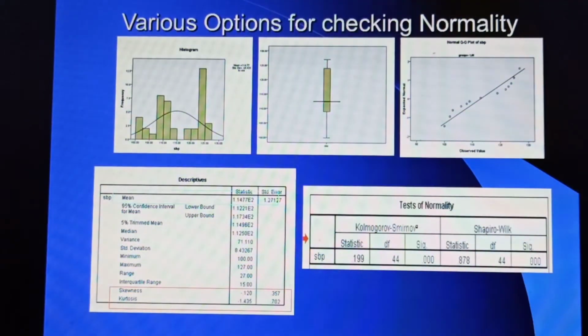Now, various options of checking normality, in the previous video also we made a mention. I have just repeated this. In the previous video only skewness and kurtosis were compared for the data. Now the rest of the methods are also being seen in the two sample data.